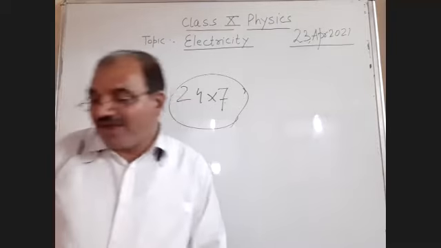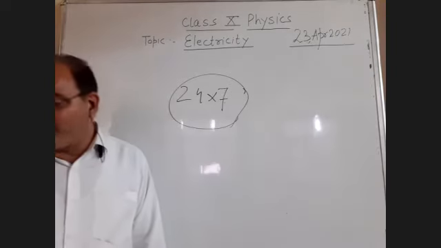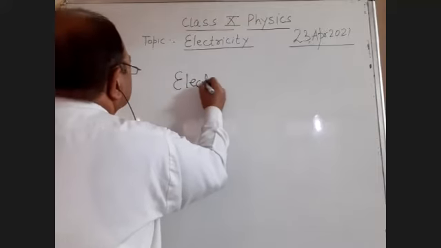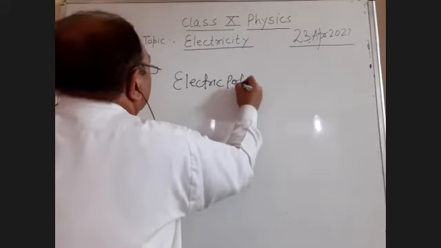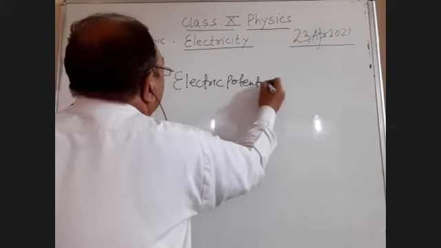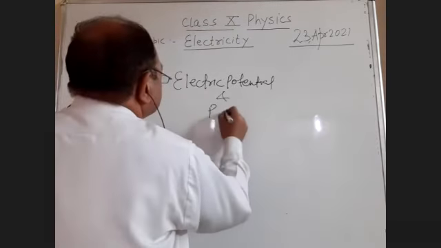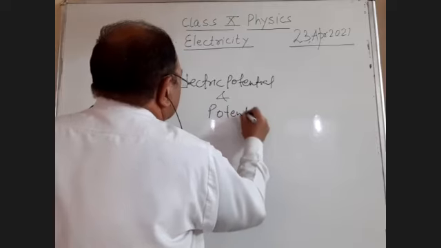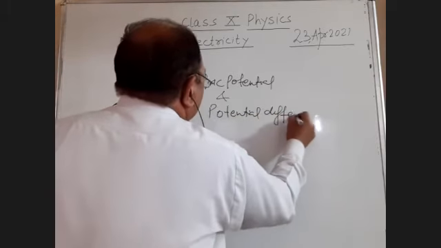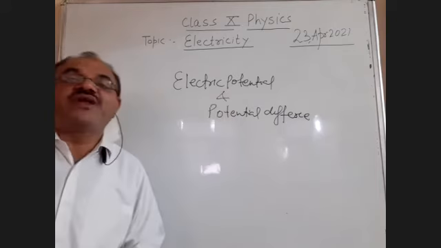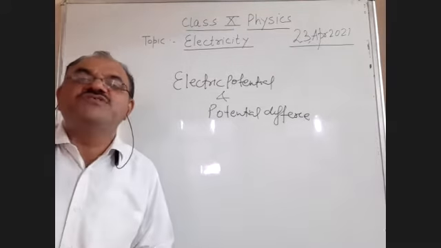So students, now the next topic is electric potential. Electric potential and potential difference. Electric potential is the amount of work done in bringing the unit positive charge.